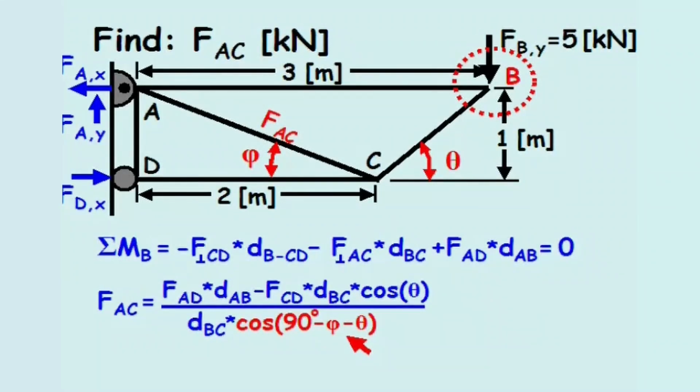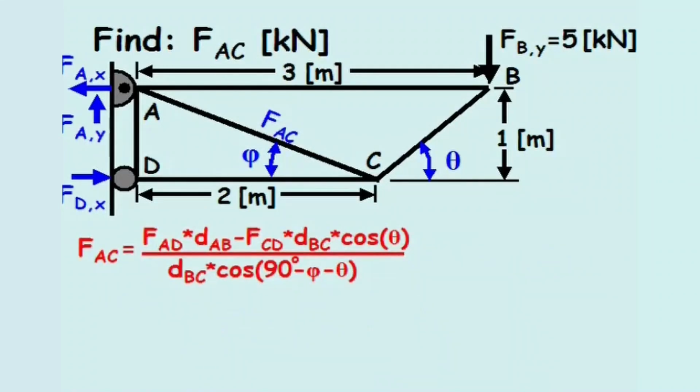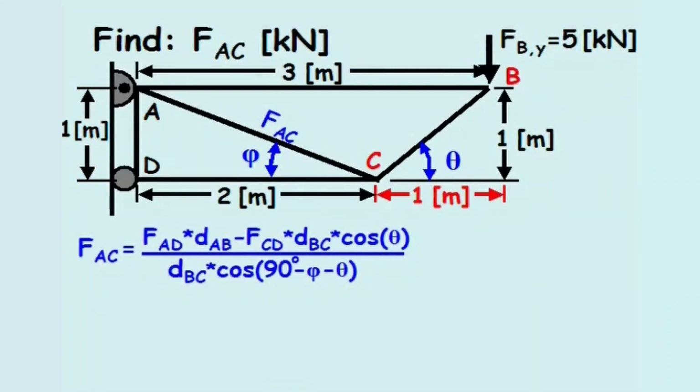The unknown variables in this equation are the forces AD and CD, the length BC, and the angles theta and phi. The angles theta and phi can be solved using trigonometry. The vertical distance between points A and D equals 1 meter, and the horizontal distance between points B and C equals 1 meter.